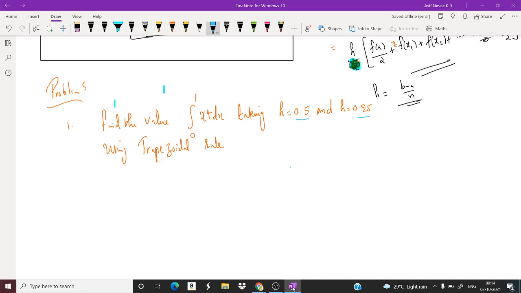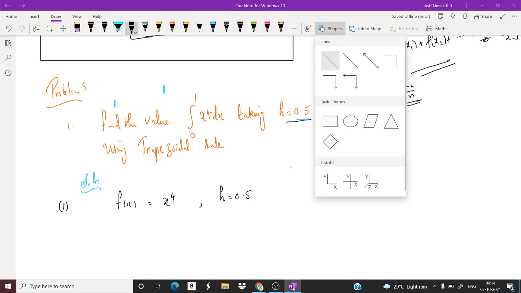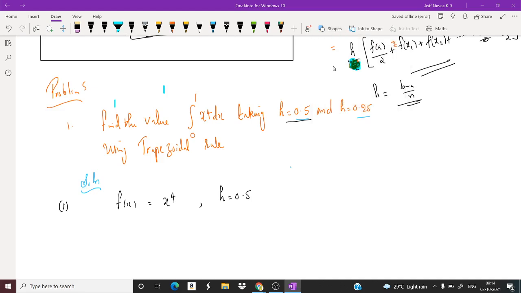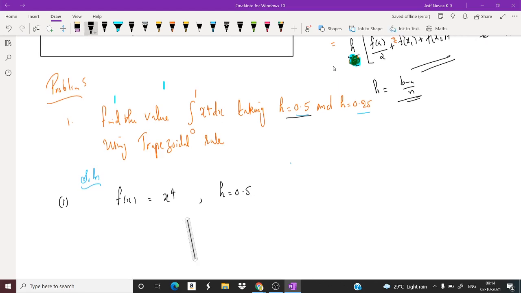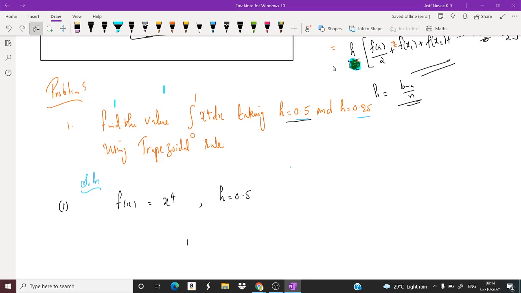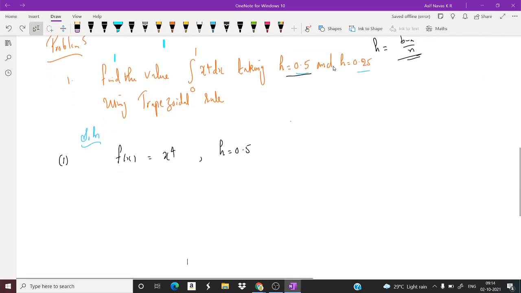So we will do the first problem, first part, where f(x) is equal to x raised to 4 and h is equal to 0.5. Now we will draw a table.